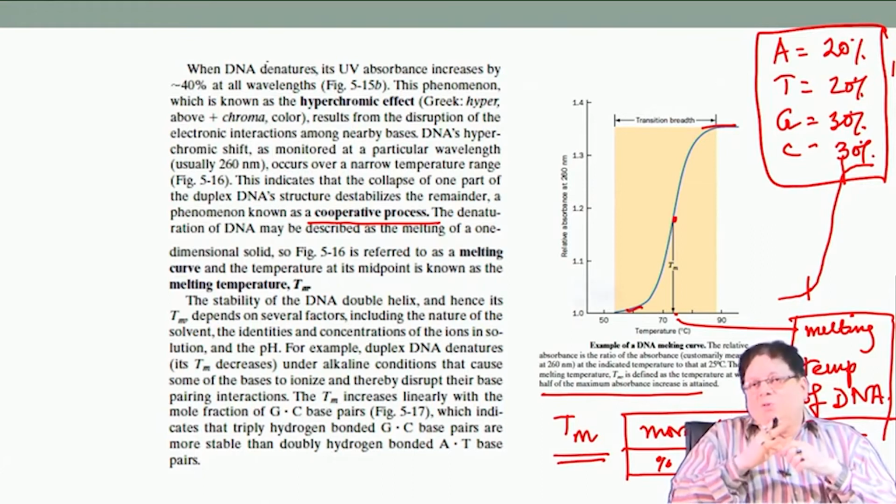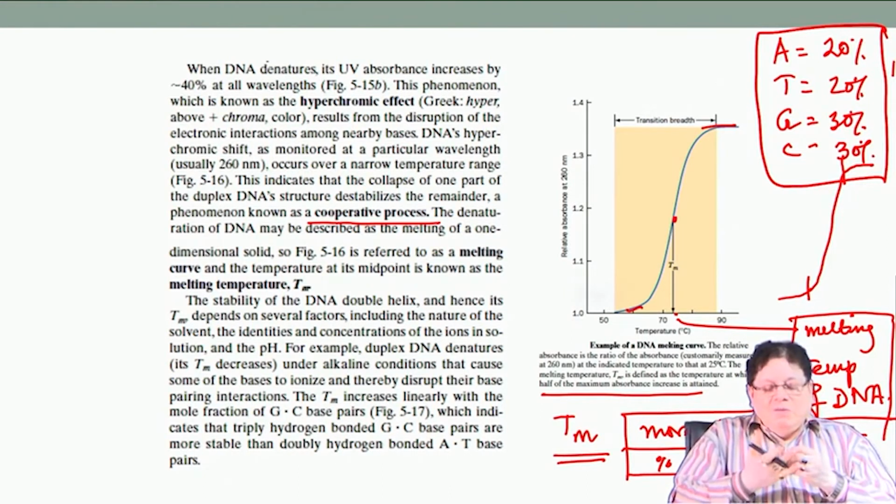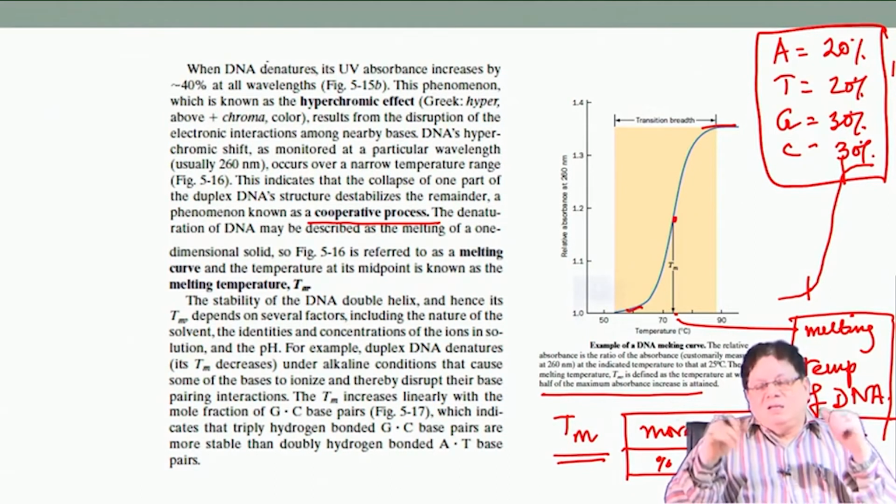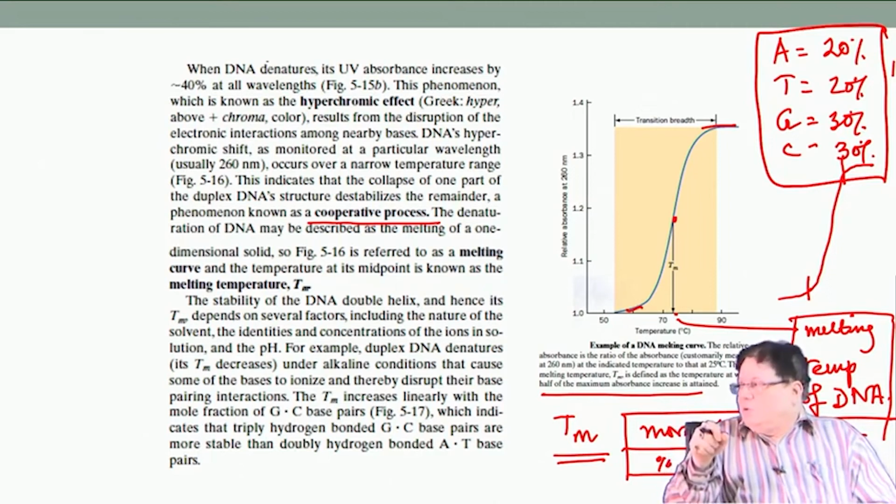There is another fourth point that is also important. If you take an ionic compound, suppose you are taking a DNA in a sodium chloride solution, and trying to determine the melting temperature in sodium chloride. Now, you got a melting temperature of say 60 degrees, then you increase the concentration of the sodium chloride, and the question is what will happen to the Tm.